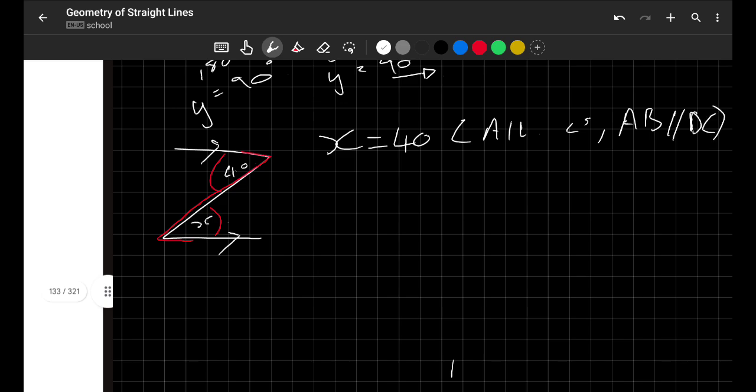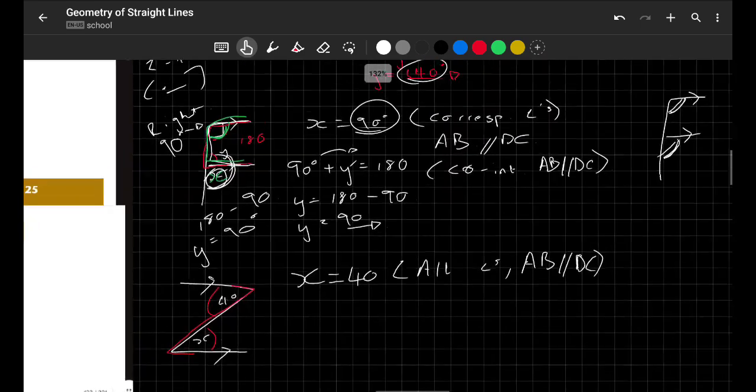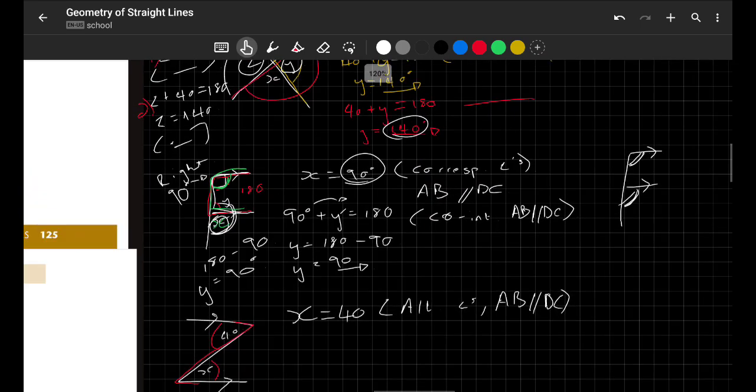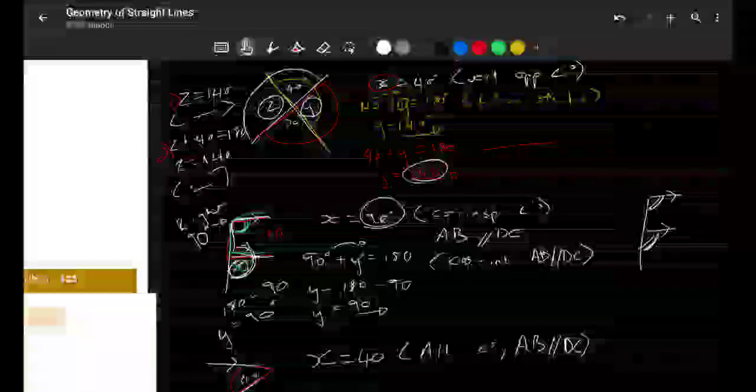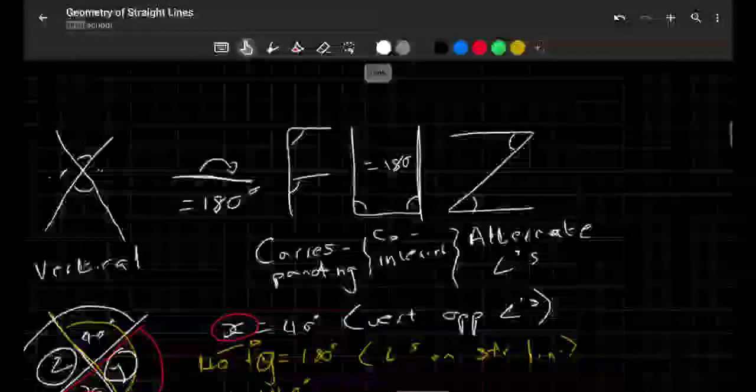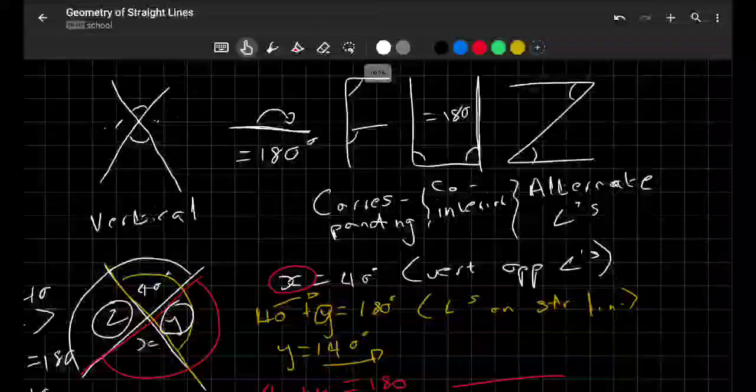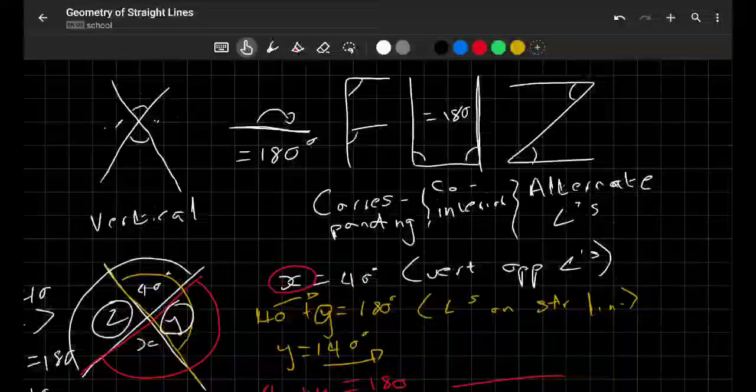Same way, right? This was just the basics and overview of everything. Before we move on to the exercises, please try to understand how each one of these work: how vertically opposite angles work, straight line works, corresponding angles work, co-interior angles work, and alternate angles.